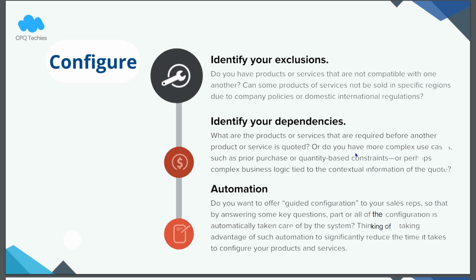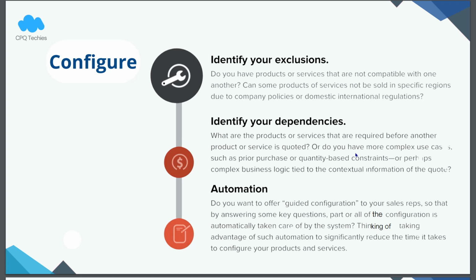The automation in the configuration is guided selling, which we can implement for the customer. By answering some questions in pop-up windows, the sales rep gets asked by Salesforce CPQ what they are looking for, which product they are going to sell today, for example a hardware or software product.